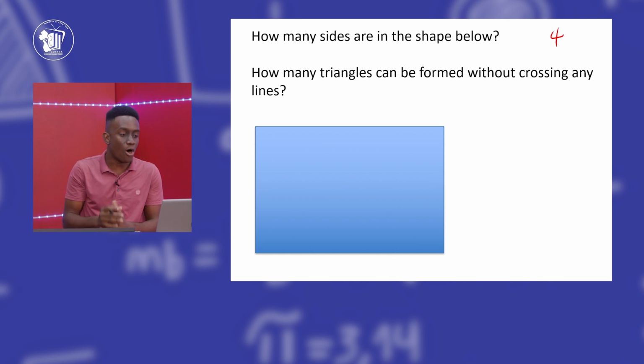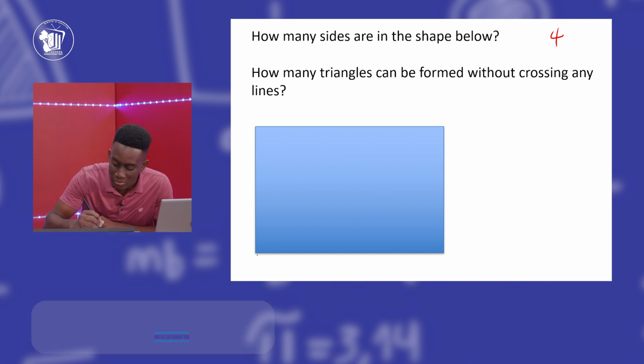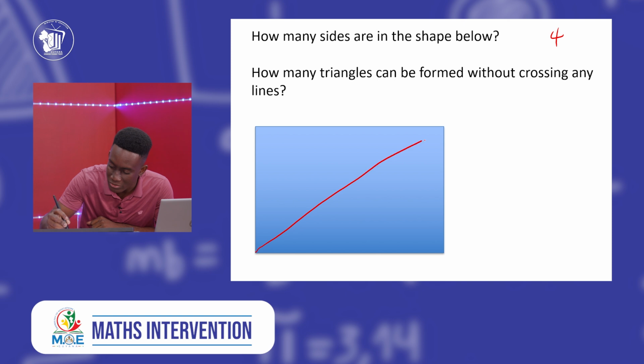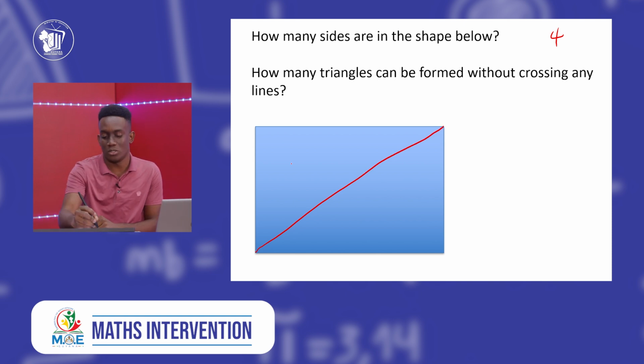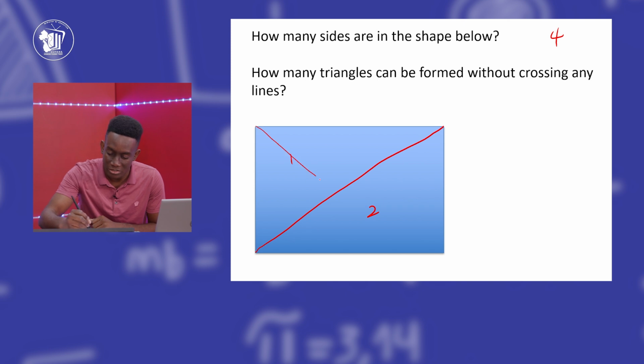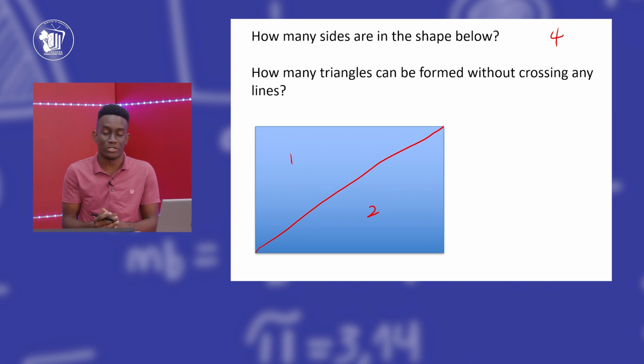And the next one, how many triangles can be formed without crossing any lines or touching any lines? If we draw a straight line across here, we see 1, 2 triangles will be formed. And if we try to draw across here, we will touch the line and we can't form any other triangle. So we have 2 triangles.